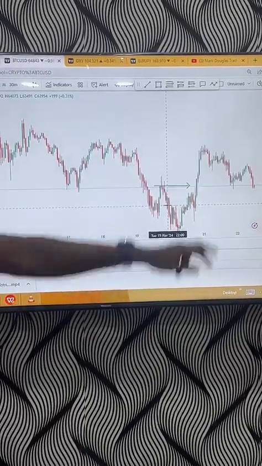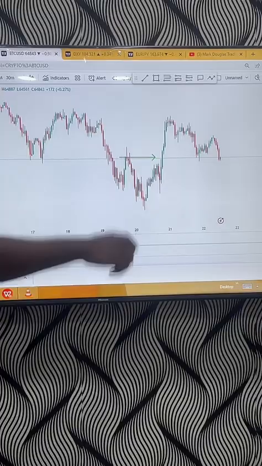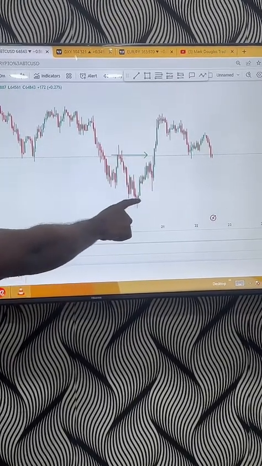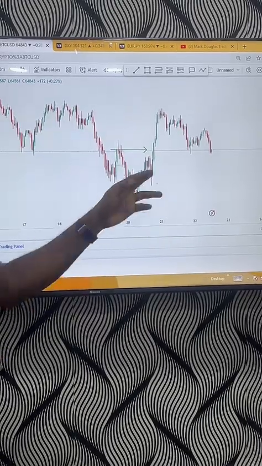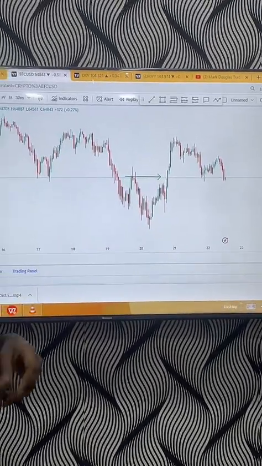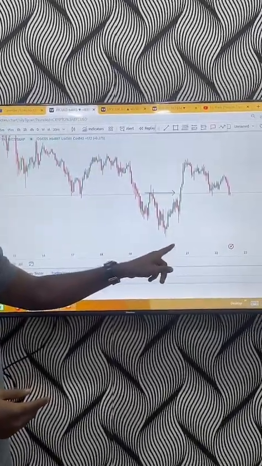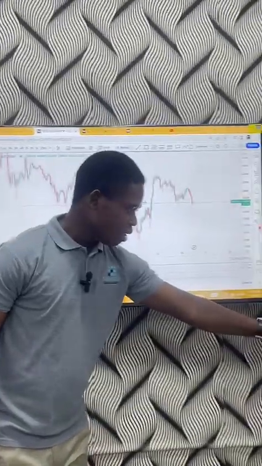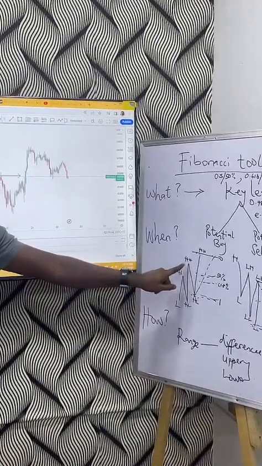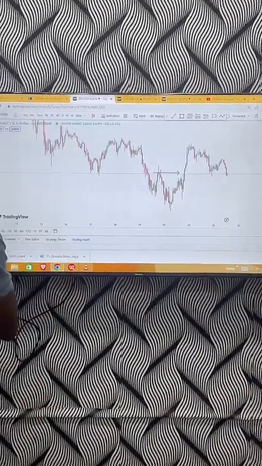So we have a new higher high here. Having a new higher high means this is our last low. Now, to spot a buying opportunity, because we are in an uptrend already, we draw our Fibonacci tool from the last low to the last higher high.